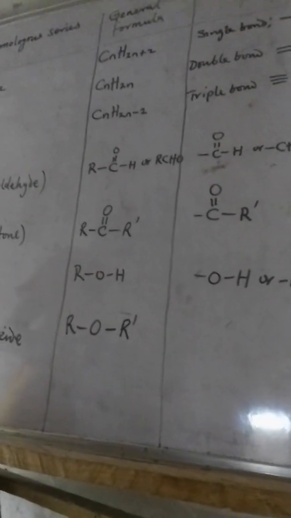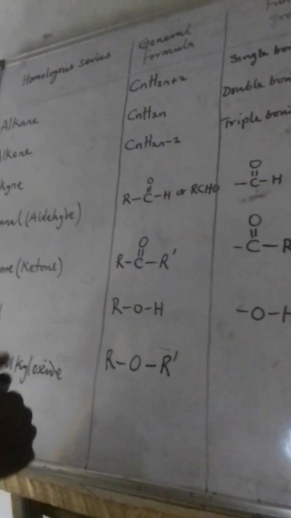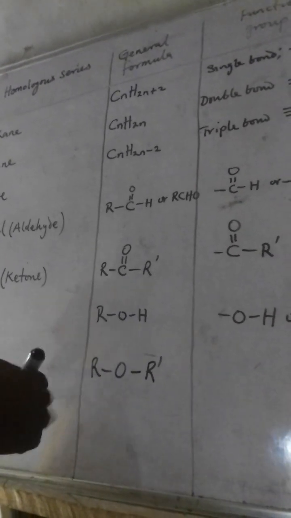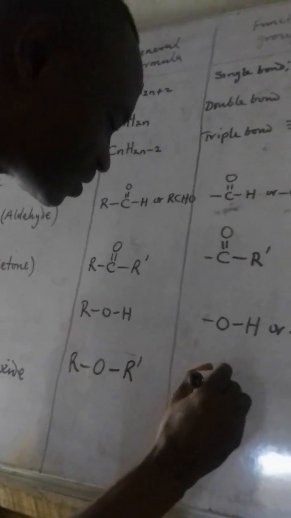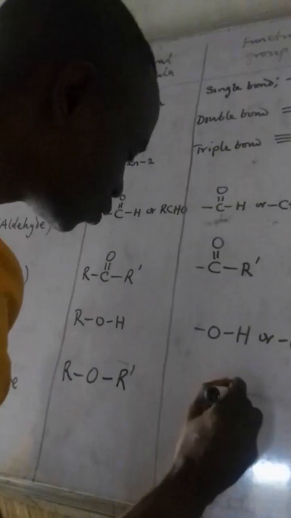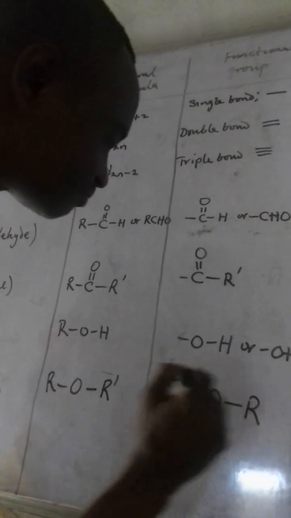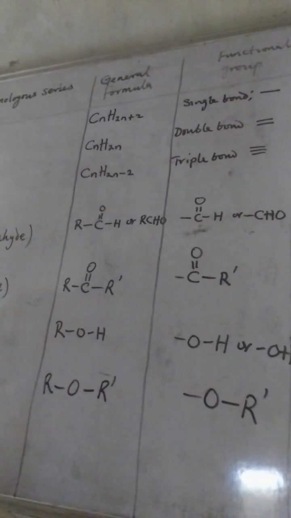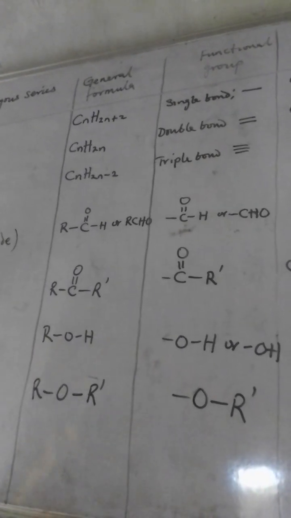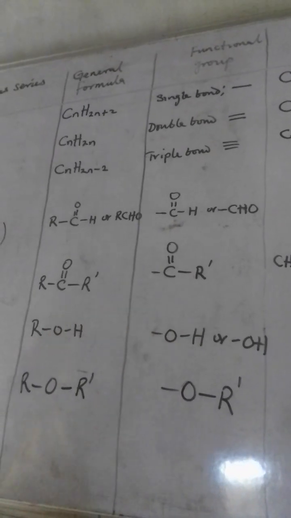You see? So that is the general formula for alkoxide. Now, what is the functional group? You remove one of the alkyl groups and you have this bond OR prime, or bond OR, anyone, same thing. So this is the functional group.